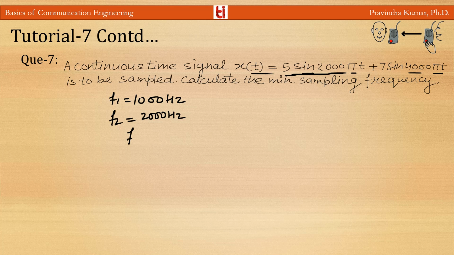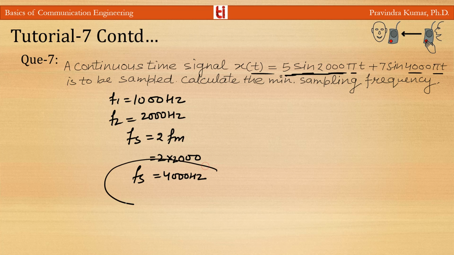So the minimum sampling frequency will be 2 fm, so 2 times 2000, which is 4000 hertz, according to the low pass sampling theorem.